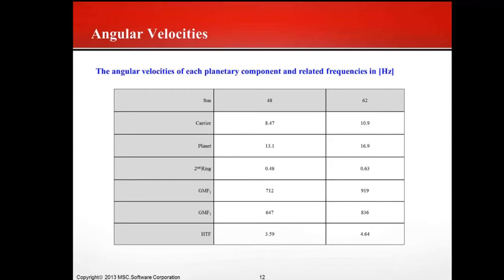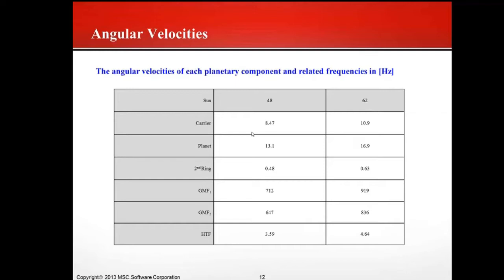Based on our design parameters, we calculate for two speeds. One is 48 hertz, another one is 62 hertz. This is to see, at different speeds, if they show a similar vibration pattern if a crack happens at certain teeth.